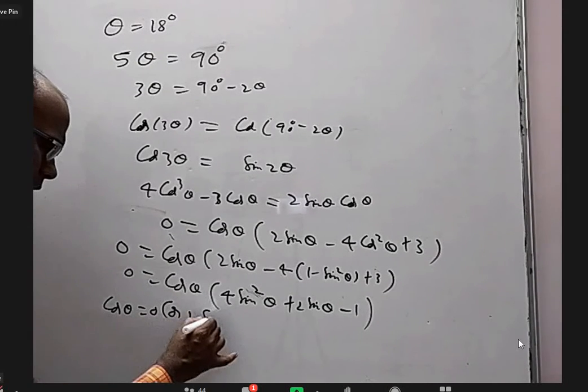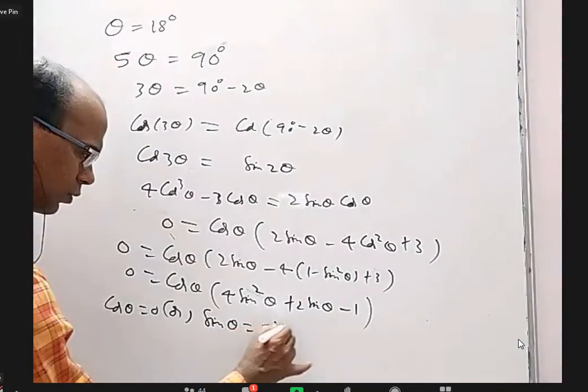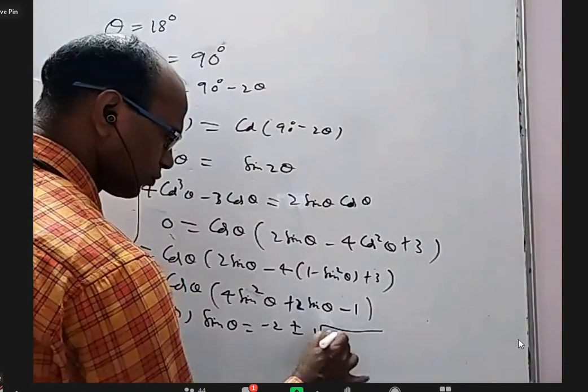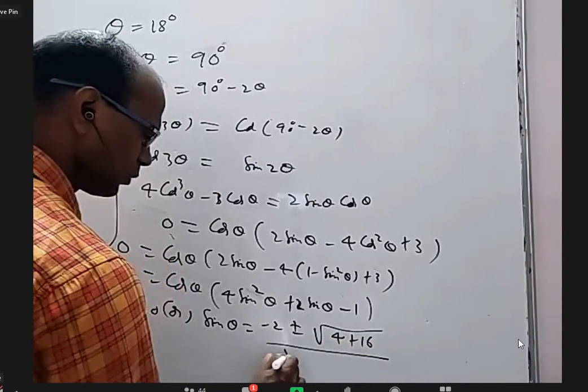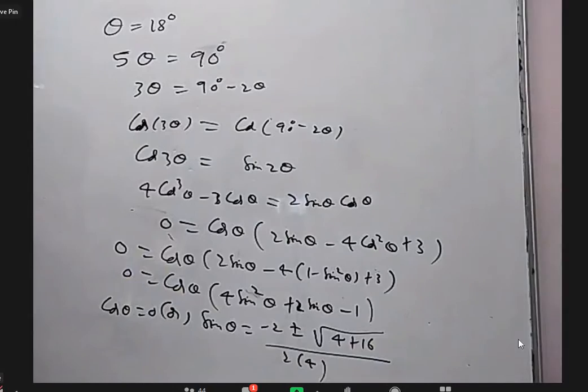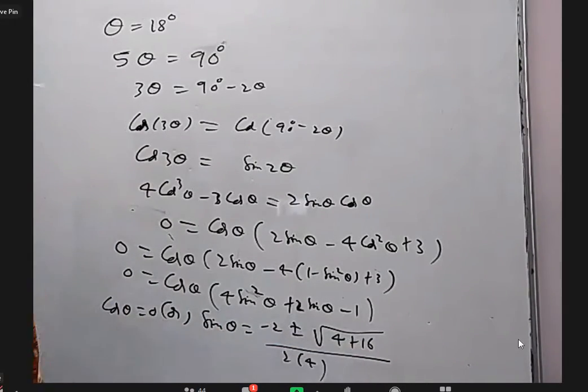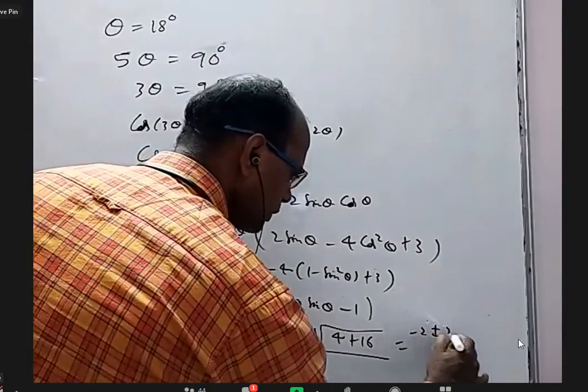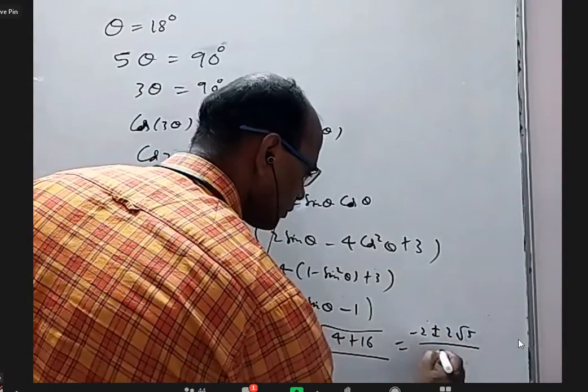I'll get sin theta equal to minus 2 plus or minus square root of 4 plus 16 by 2 into 4. This is root 20. Root 20 is 4 into 5, 2 root 5. I can write minus 2 plus or minus 2 root 5 by 8.